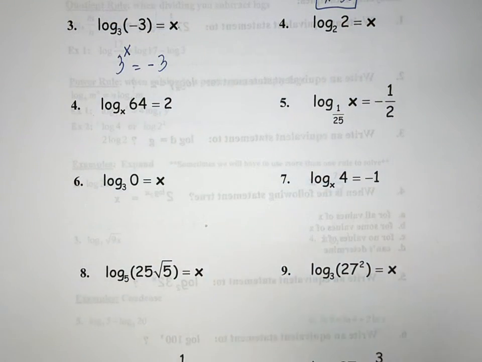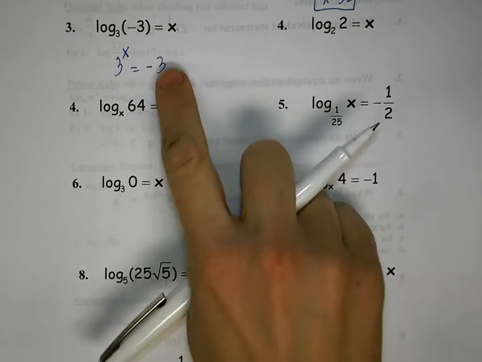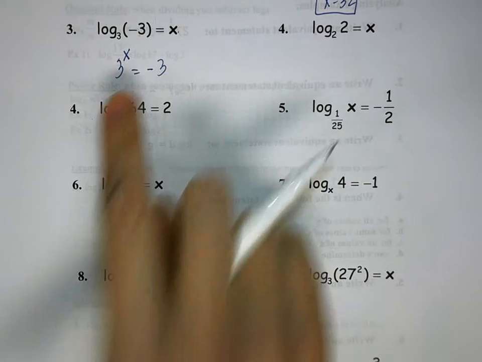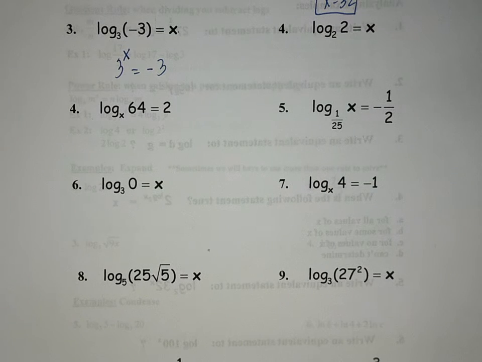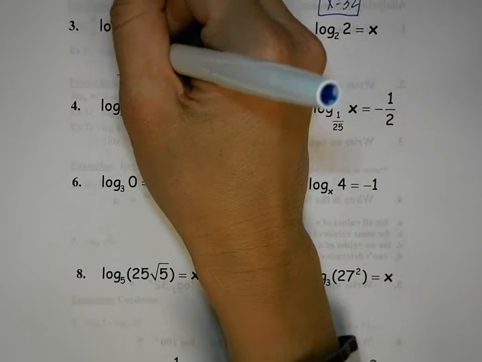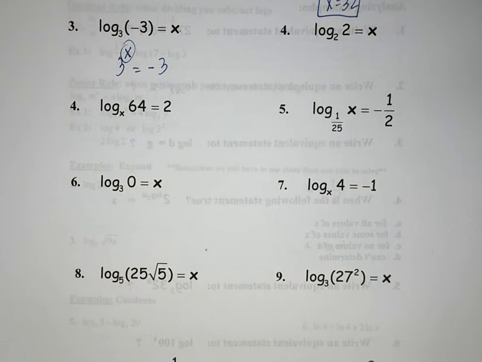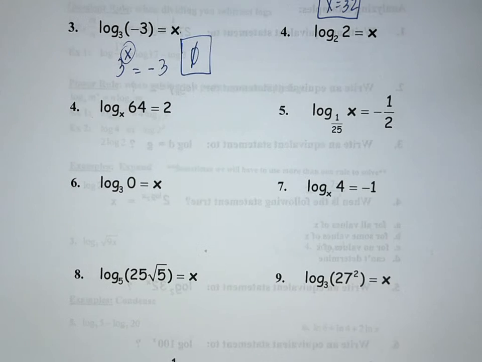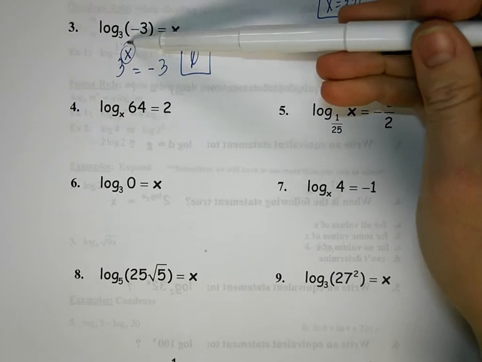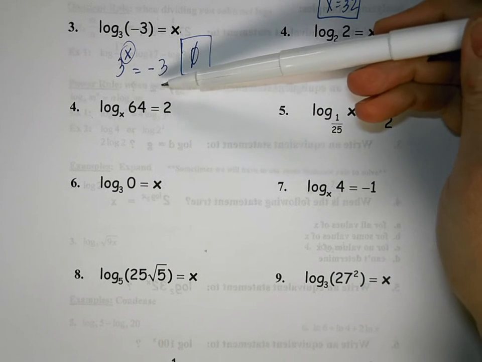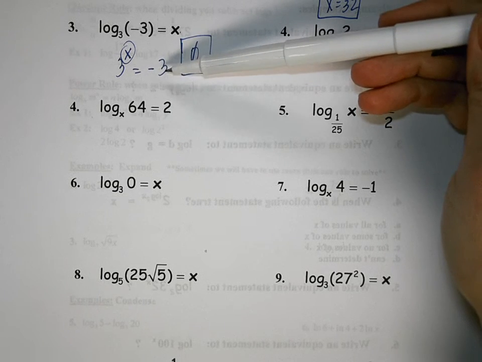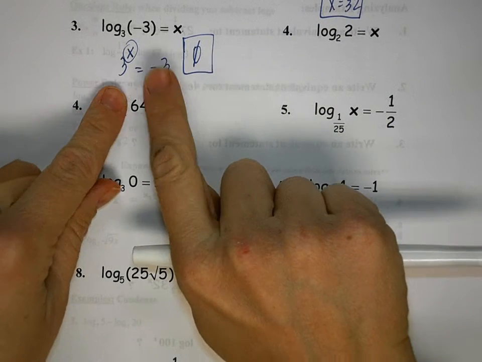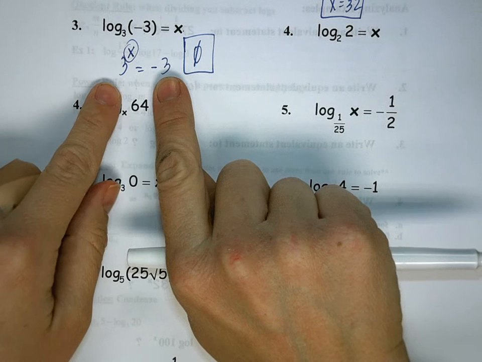So looking at this, can I get this so that it is just a plain 3 base? Is there any number that I could put in for x that will end up giving me a negative number? No. So what's my answer? No solution is correct. Very good. So there's no number I can put in for x to make it a negative 3. And there's also no way of changing a negative 3 into a base that's just a regular 3.